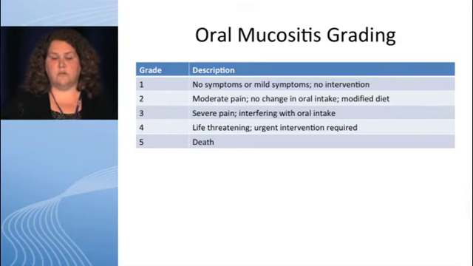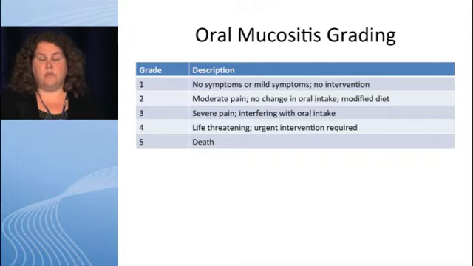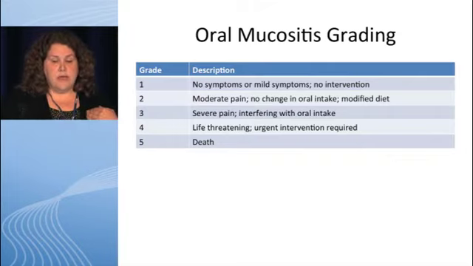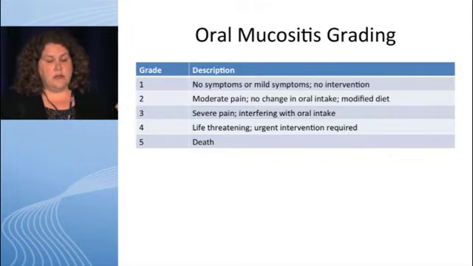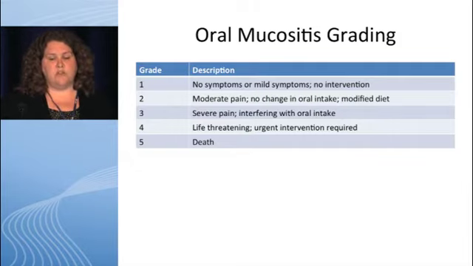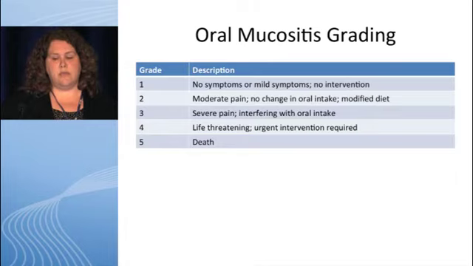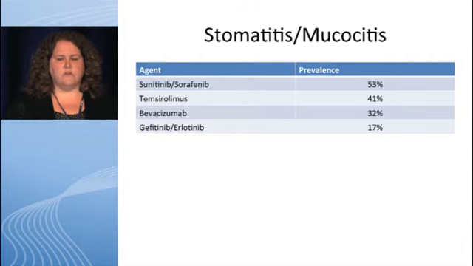So our last speaker talked a little bit about, and I'm just talking about mucositis, but again, looking at the grading, moderate pain is acceptable with no change in oral intake or needing a modified diet. And truly, many of these agents are not causing severe mucositis, but as we saw in the previous slide, some of them are big offenders.